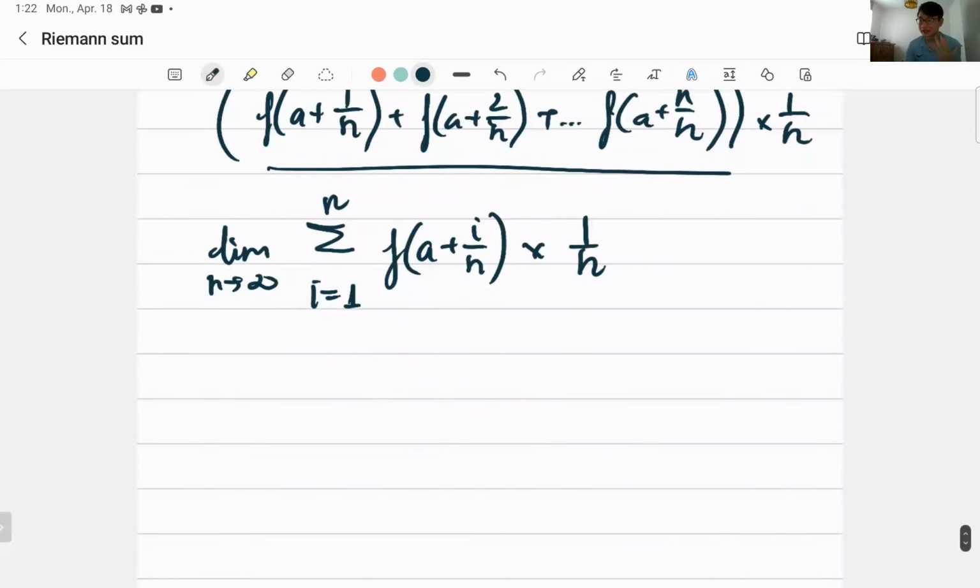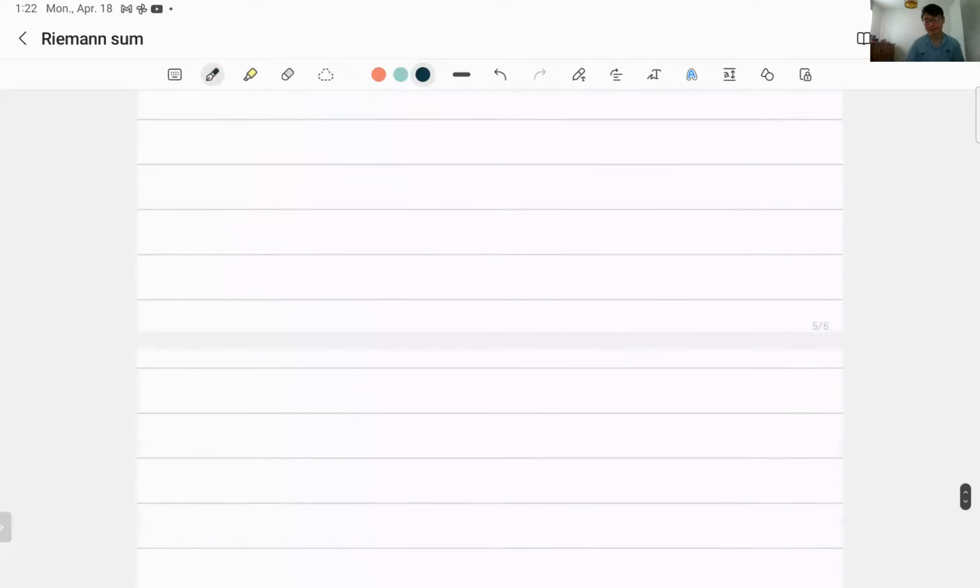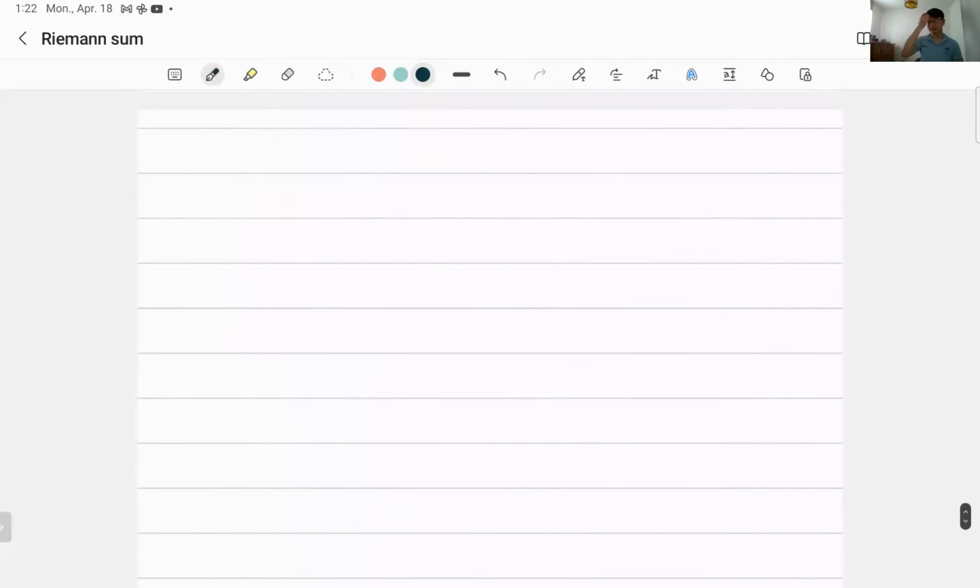Okay, this is the serious version of the Riemann sum. Now, do you want me to walk through some examples? I can do that. Let's say I'm estimating this.